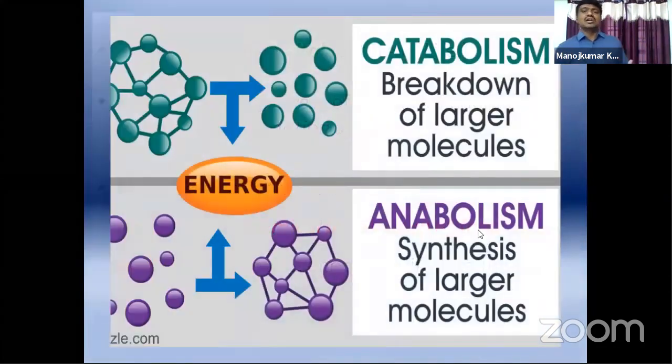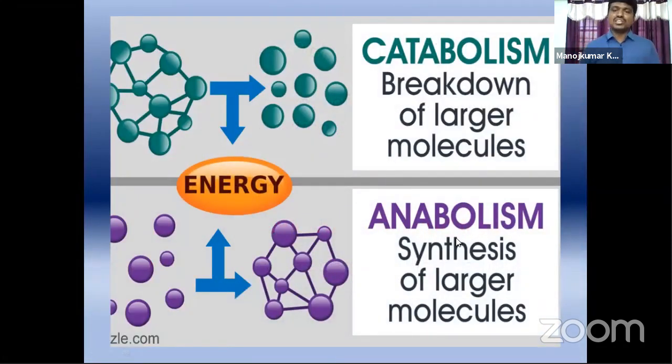Anabolism is a process where simple molecules combine together to form larger molecules. These are simple molecules, simple units, and all these combine together to form larger ones.